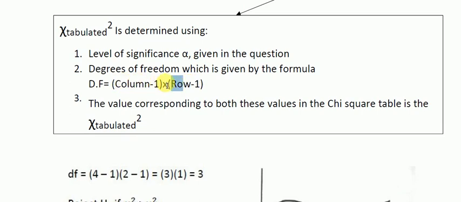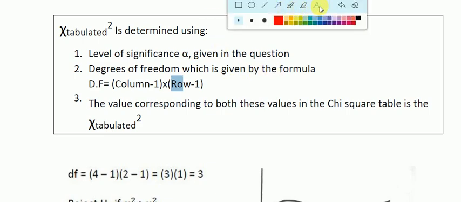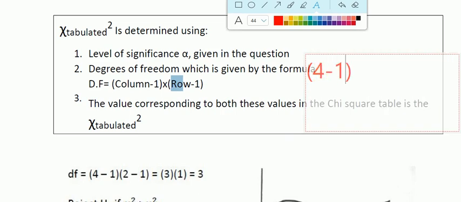So 4 minus 1 into 2 minus 1, which means we have to multiply 4 minus 1, where 4 is the number of columns, into 2 minus 1.